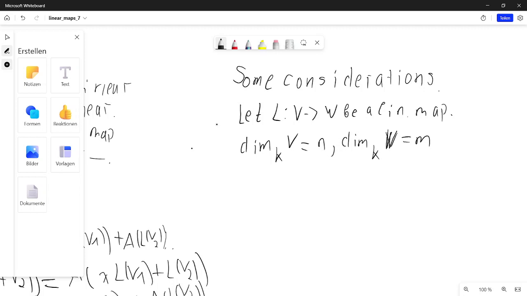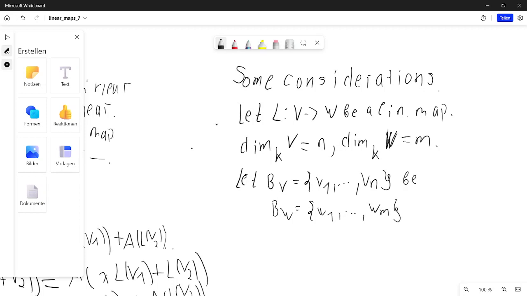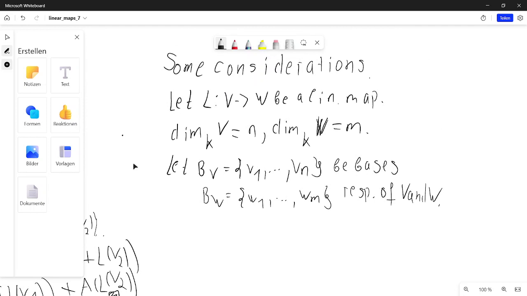All right, let B_V equal v1 to vn, and B_W equal w1 to wm, be bases respectively of V and W, of course.